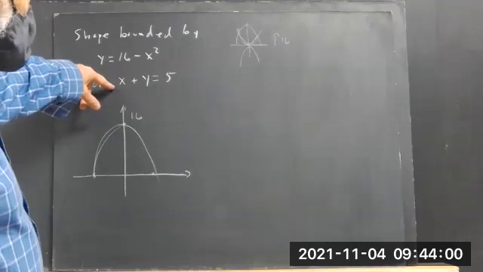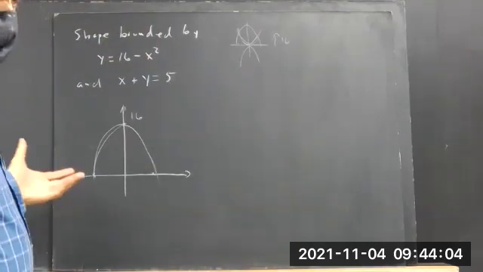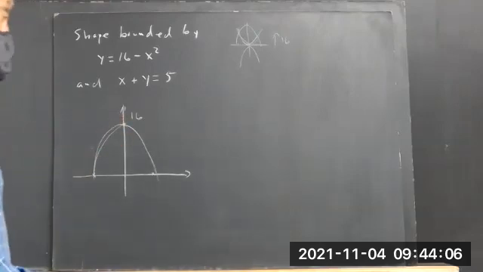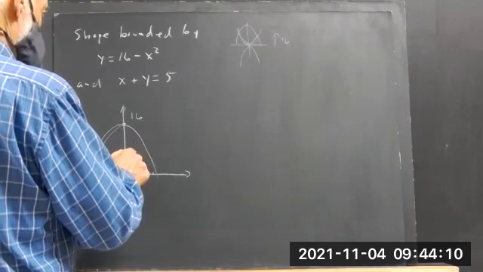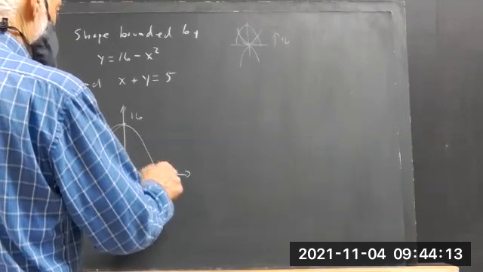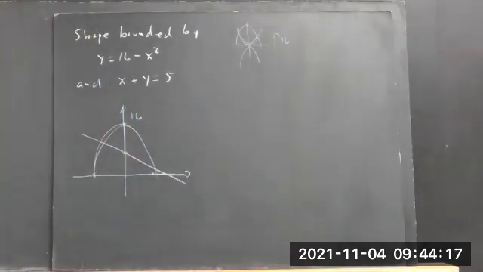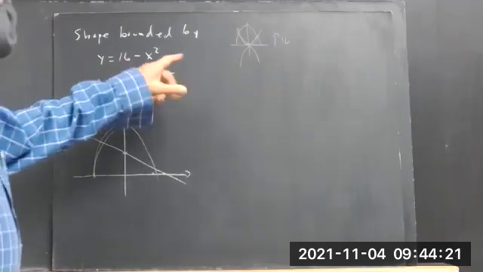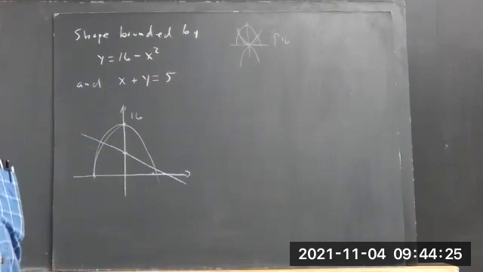Okay, then you have x plus y equals 5. It's a straight line. Identify that easily as a straight line. And it's got a y-intercept of 5 and an x-intercept of 5. So you don't need to plot points if you know what the shape of the x squared graph is, which is one of your toolkit functions you learn about in pre-calculus.